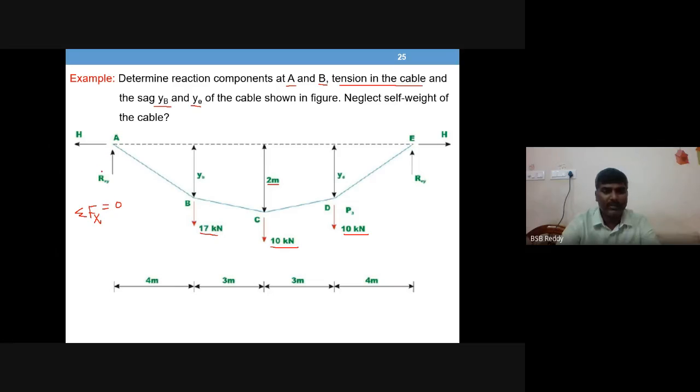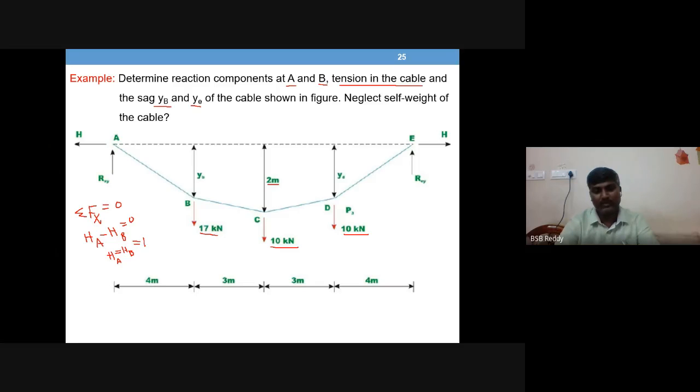Sigma Fx equals 0. So if I say this is horizontal reaction HA towards left, minus HE is equal to 0. No other horizontal force is available. So HA is equal to HE.